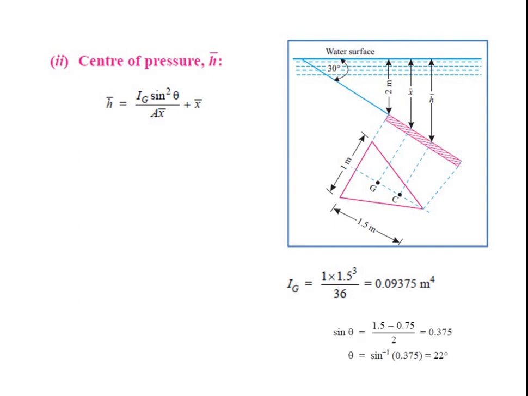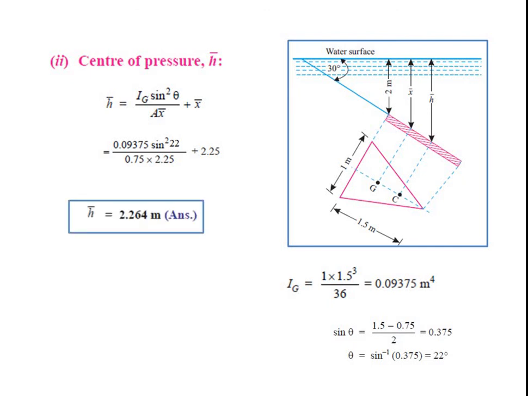And sin theta is 1.5 minus 0.75 divided by 2. How does it come? So this is actually 1.25. So sin theta is equal to 0.375, so theta is sin inverse of 0.375, that is 22. So it is 0.09375 sin square of 22 divided by 0.75 into 2.25, plus 2.25. So it is nothing but 2.264 meters.